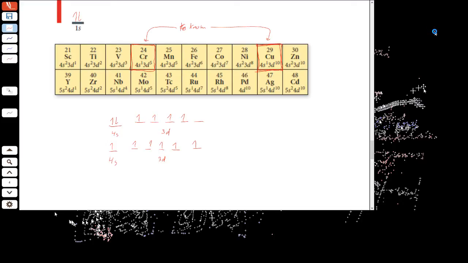But if you look down now to the second row, you'll see it gets even weirder. And there are now 6 out of the 10 that are not quite as expected. You've got niobium at 5s1 4d4, molybdenum at 5s1 4d5, and so on.